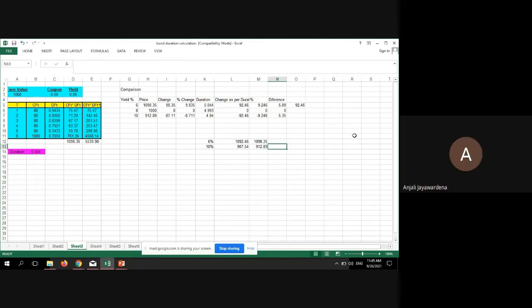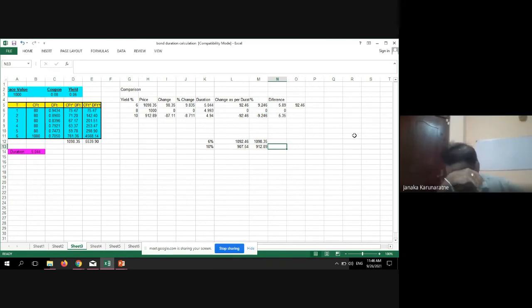In this formula, we use the duration that we calculated earlier. So it may be due to some decimal points missing or something. No, it's not a mathematical problem. What do you think? What do you guess?